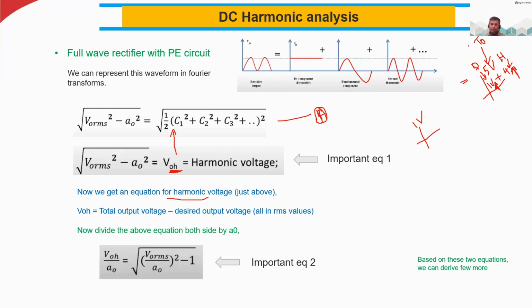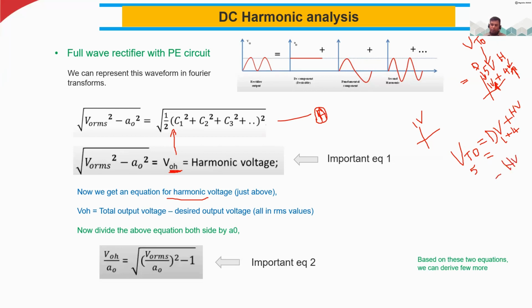Or we can just say VTO, that is the total output voltage. So the total output voltage is equal to the desirable voltage DV plus the harmonic voltage HV: 1 plus 4 equal to 5. Now I want to find out only the harmonic voltage.